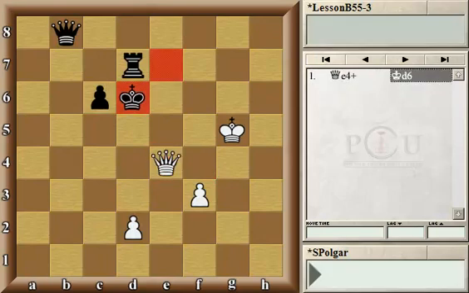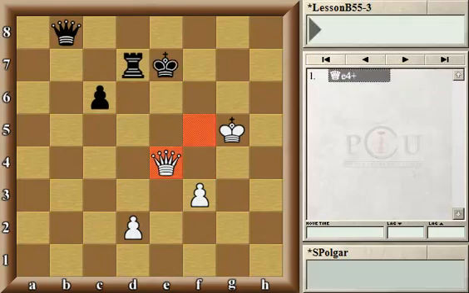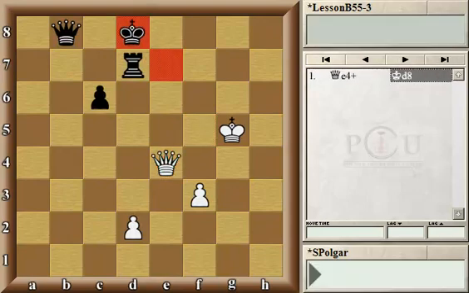However, it would also give an option for the black king to go to a whole bunch of other squares. For example, the king could move to D8. And then, even though the black king and queen are on the same rank, there is no way to win the black queen.